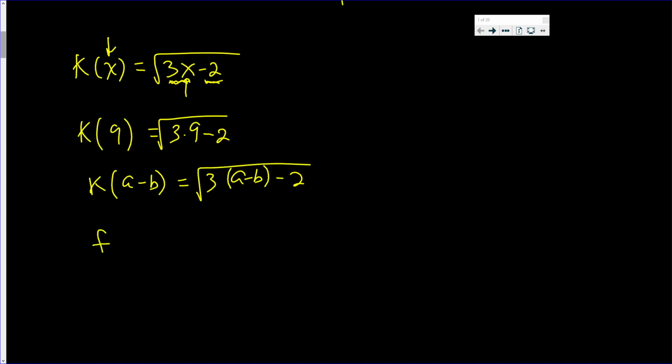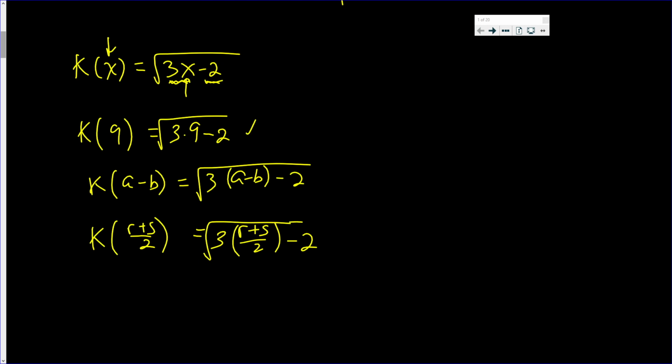If I ask you what is k of r plus s over 2, it's not a big deal. I take what's in the brackets, I denote that I'm multiplying it by 3, and I take away 2. Now the math starts in all of these.